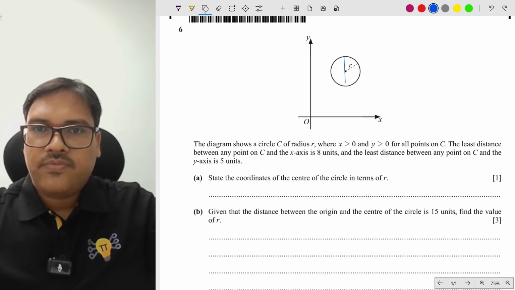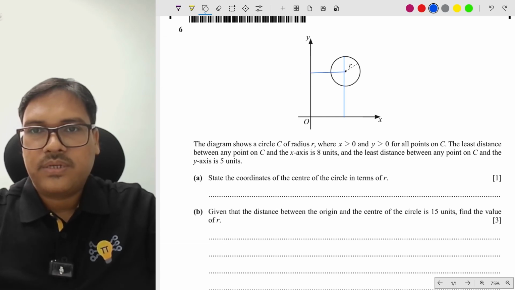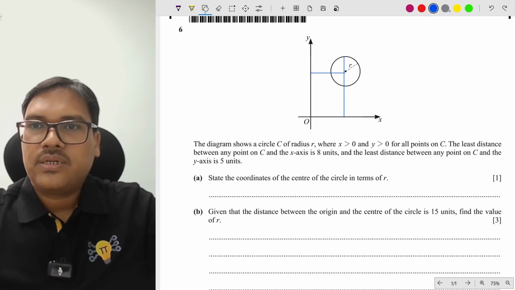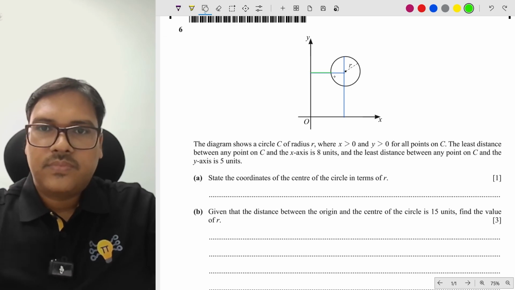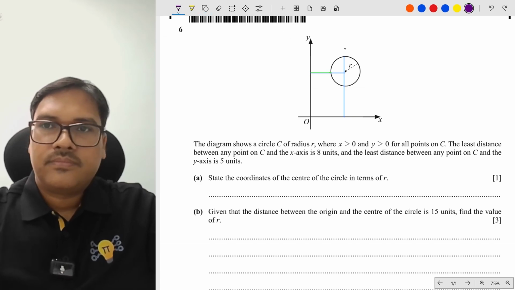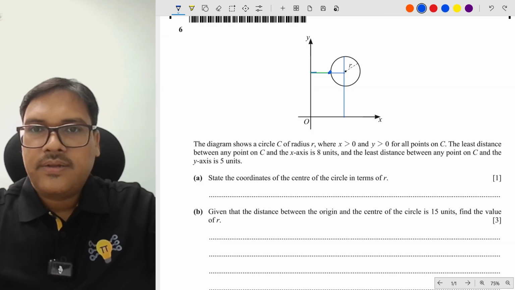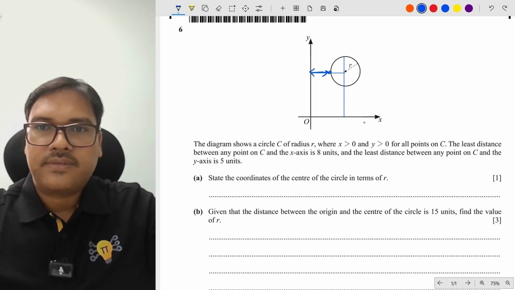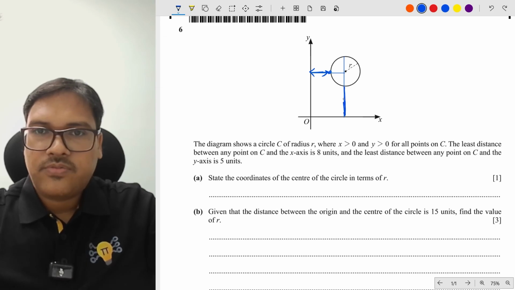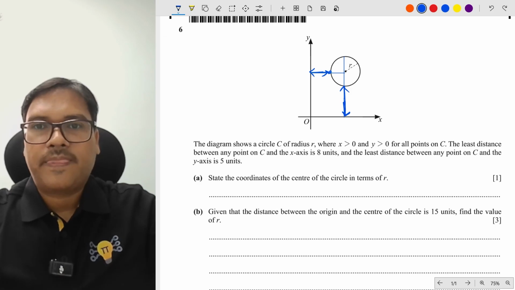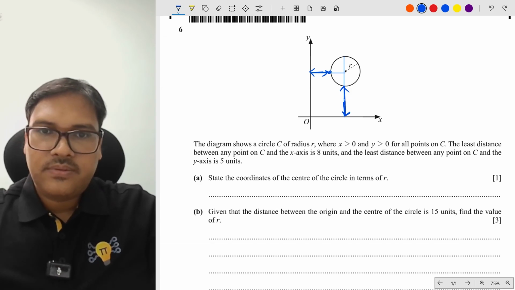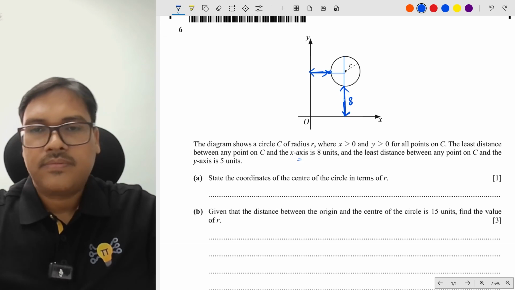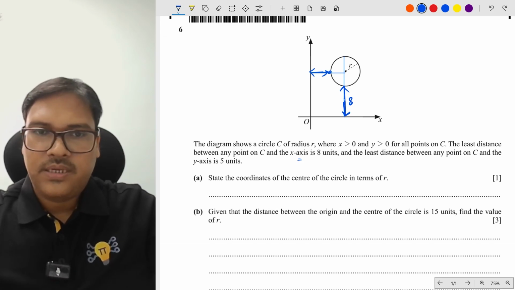If I draw a perpendicular like this from the center, and this is another perpendicular from the center, we can clearly see that this point is at the minimum distance from the y-axis, and this point is at the minimum distance from the x-axis. So the question is, the least distance between the point on C and the x-axis is 8, and the least distance between the point on C and the y-axis is 5.